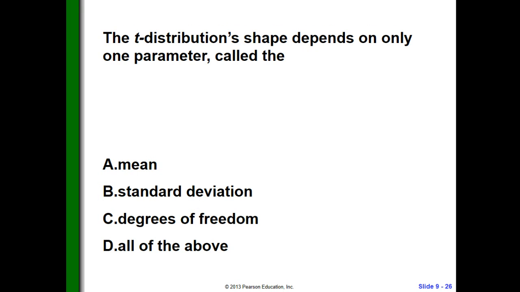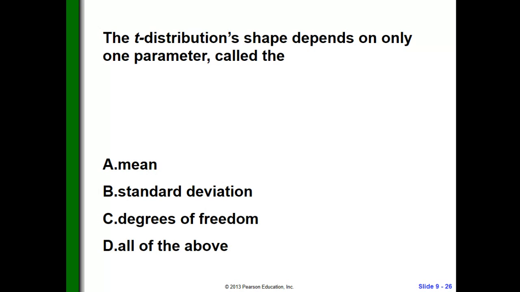The t distribution shape depends on one parameter, and it's called, well, this is tricky. I would say the degrees of freedom, if we're going to pick one, and that's really n. Degrees of freedom turns out to be n minus 1. There's a mathematical reason for using n minus 1, but the degrees of freedom is 1 less than n, and that's the shape of the t distribution.